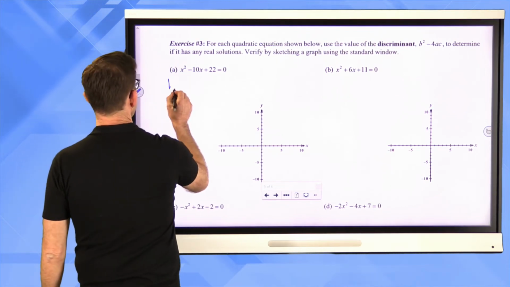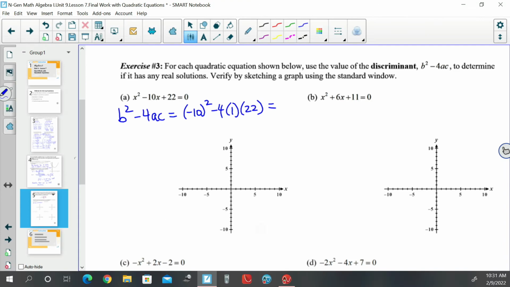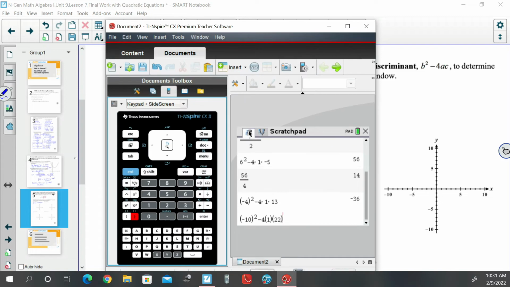So b squared minus 4ac in this case is going to be negative 10 squared minus 4 times 1 times 22. And that is going to be equal to what? We've done this lots of times. Negative 10 squared minus 4 times 1 times 22, and that's going to be equal to 12.